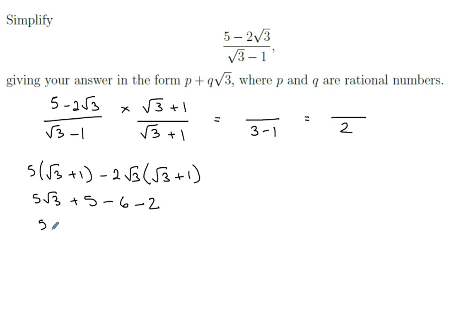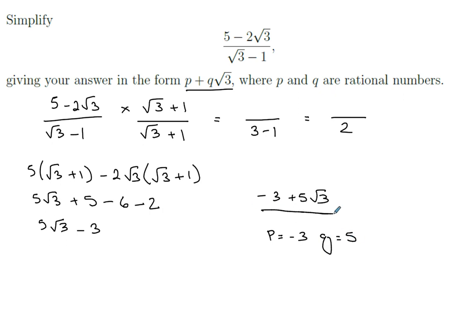So we've got 5 surd 3 and then plus 5 minus 6 is minus 1, minus 2 is minus 3. So in that form it would be minus 3 plus 5 surd 3. So p is negative 3 if you're asked, and q equals 5. But if they just want the answer in that form, that's all you write. Okay, good.